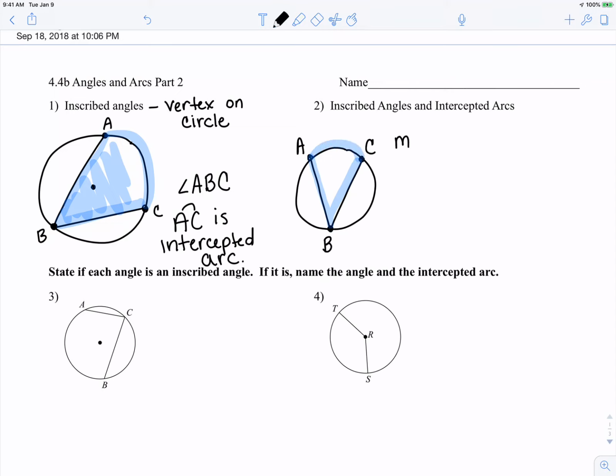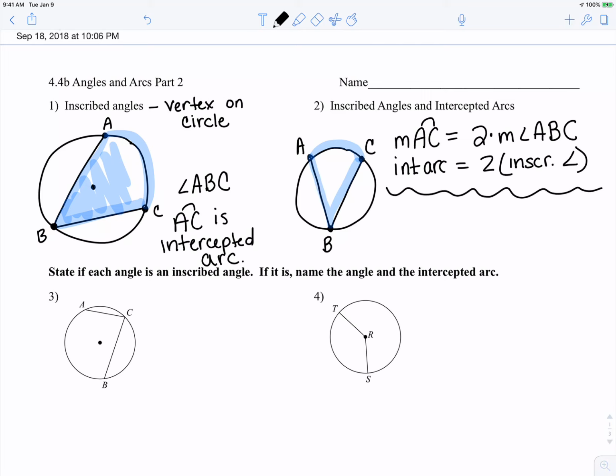So the measure of arc AC is equal to 2 times the measure of angle ABC. If I put that in words, the intercepted arc is equal to 2 times the inscribed angle.